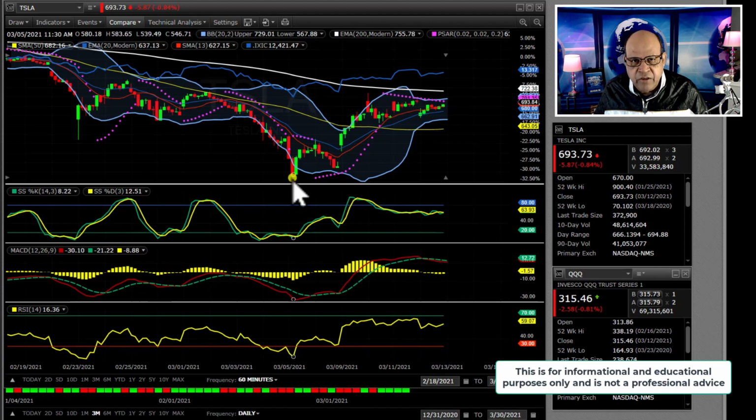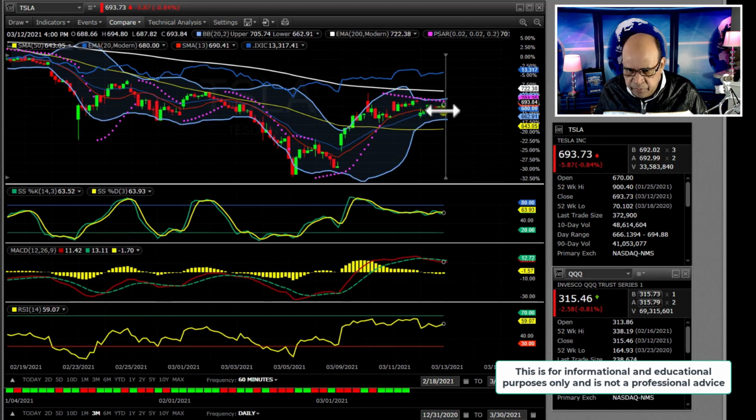It went as low as $539 on May 5th, and when Nasdaq made a positive turn, Tesla has recovered all the way up to $693.84.